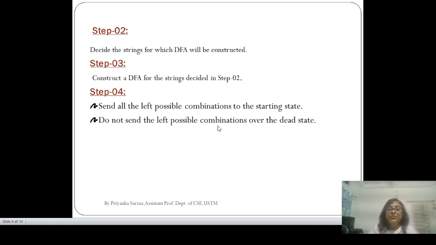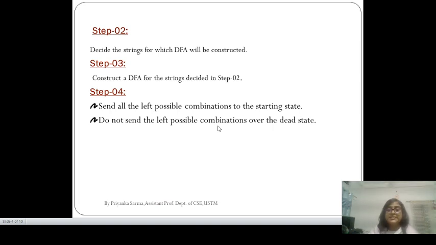Step number 2: decide the string for which the DFA will be constructed. After that, construct the DFA for the string decided in step 2. Then send all the left possible combinations to the string's starting state, and do not send the left possible combinations to the dead state.